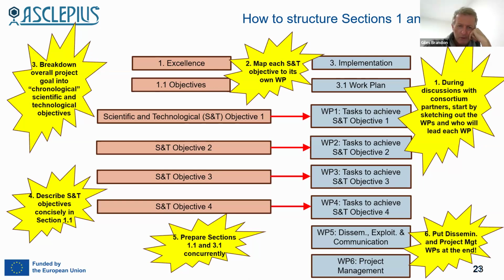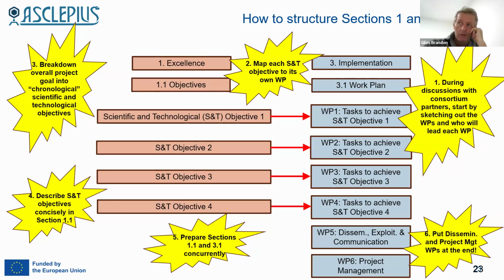Okay, let's move to the excellence column. Below excellence, 1.1 objectives. This is a subsection of your part B proposal called objectives. This is where, if you're doing a research innovation action or even a coordination support action, you need to outline the main objectives for your project, your proposal.